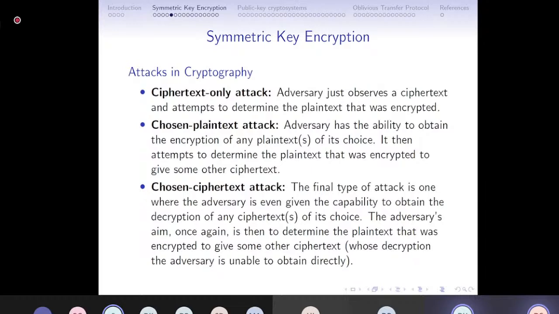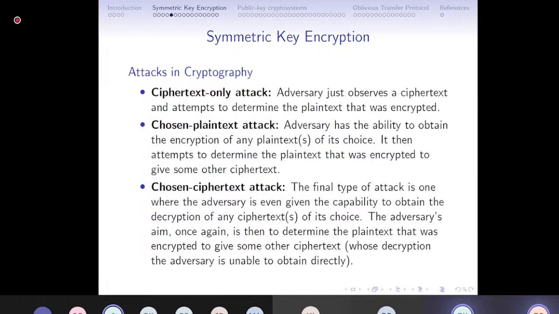The next one is the chosen ciphertext attack. Again, it is similar to the chosen plain text attack, but in the chosen plain text attack the adversary has an encryption method, while in the chosen ciphertext attack the adversary has a decryption method.